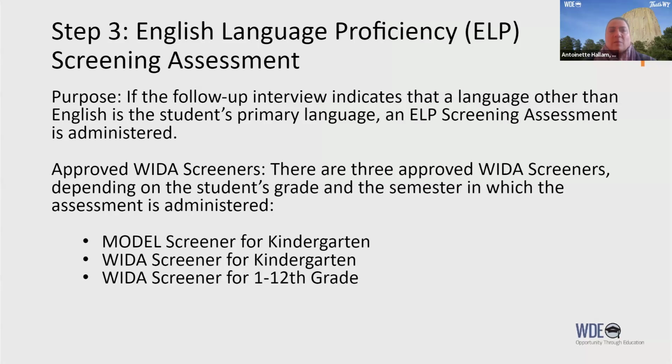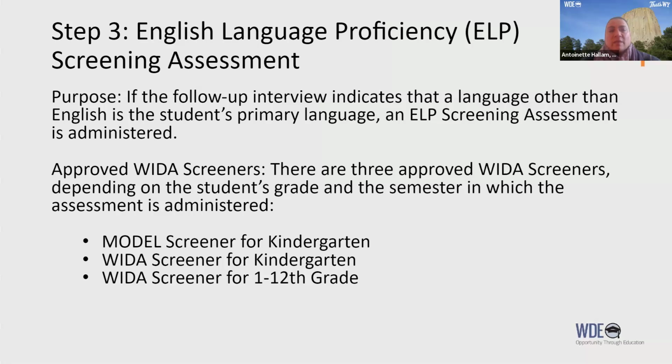The third and final step of the EL identification process is the screener assessment. If the home language survey and follow-up interview indicate that a language other than English is the student's primary language, an English language proficiency screening assessment is administered. There are 3 approved WIDA screeners available depending on the student's grade and the semester in which the assessment is administered.